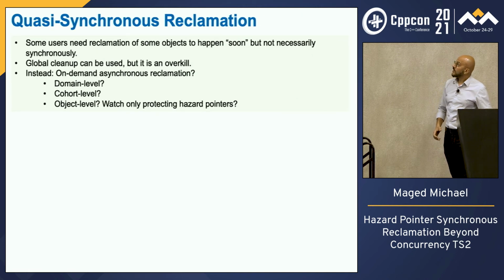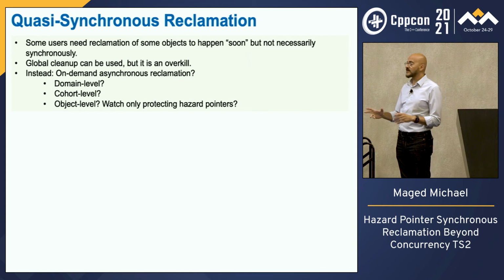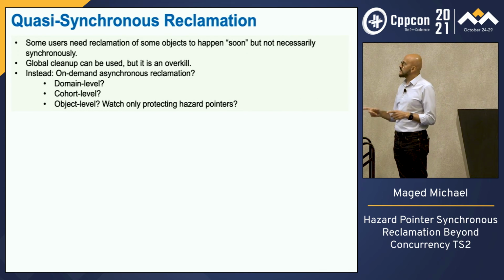So let's move on to a related question. There are some users who think they need synchronous reclamation, but all they need is actually quasi-synchronous, or quick async, on-demand invocation of asynchronous reclamation.